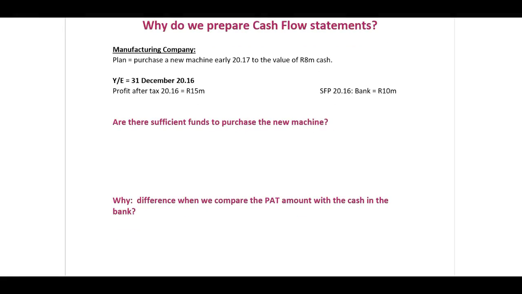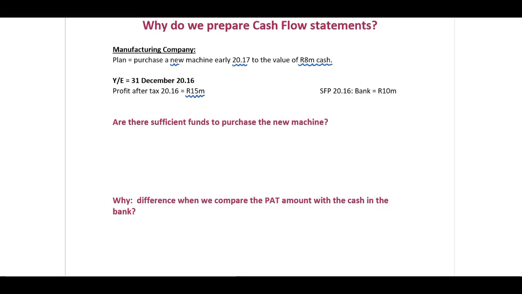We have a manufacturing company, and this company plans to purchase a new machine early 2017 to the value of 8 million cash. The year end is 31 December 2016. Now, the profit after tax for 2016 amounts to 15 million.